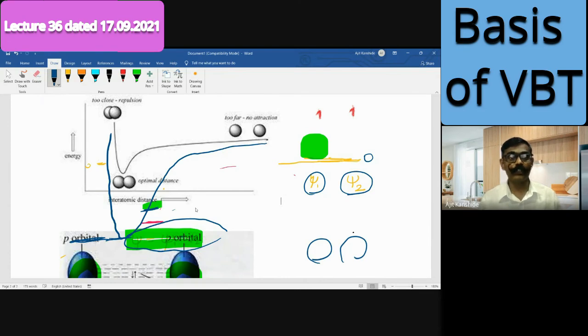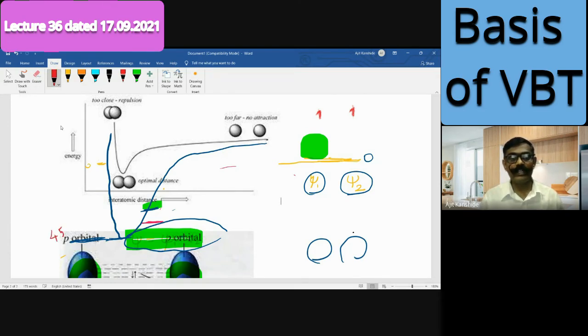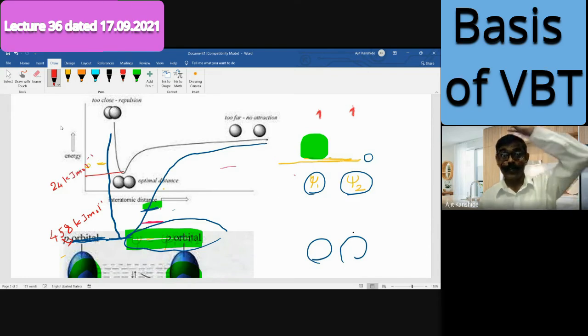This equilibrium position is with the value 458 kilojoule per mole, and what was the situation for this equilibrium position? It was 24 kilojoule per mole. So where is 24, where is 458? What does it mean? We could not explain satisfactorily the formation of the hydrogen molecule by the simple approach of valence bond theory.